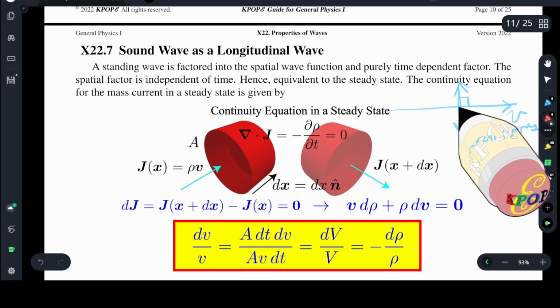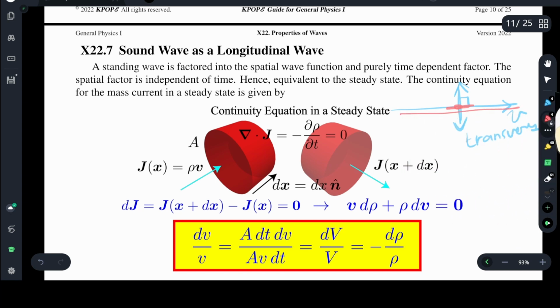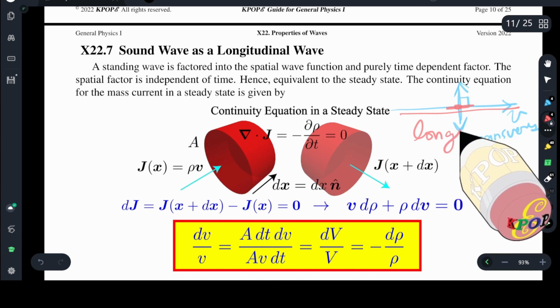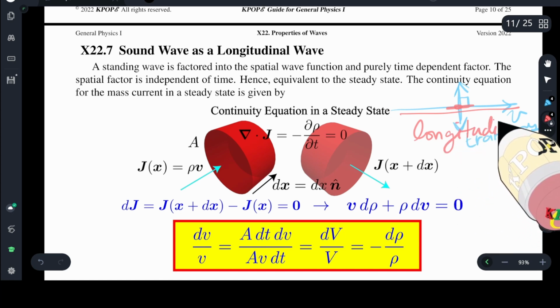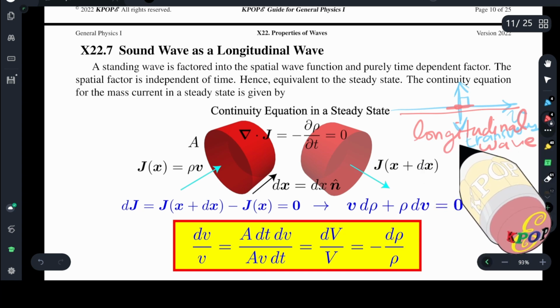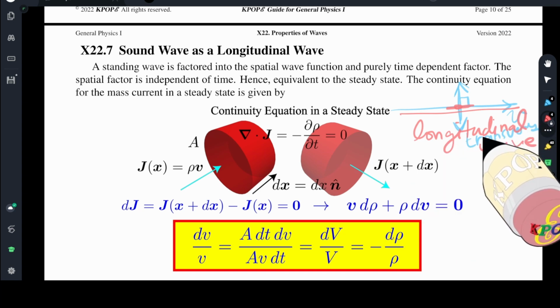However, if the oscillation is along the longitudinal direction, we say it is a longitudinal wave. And the sound wave is a longitudinal wave.